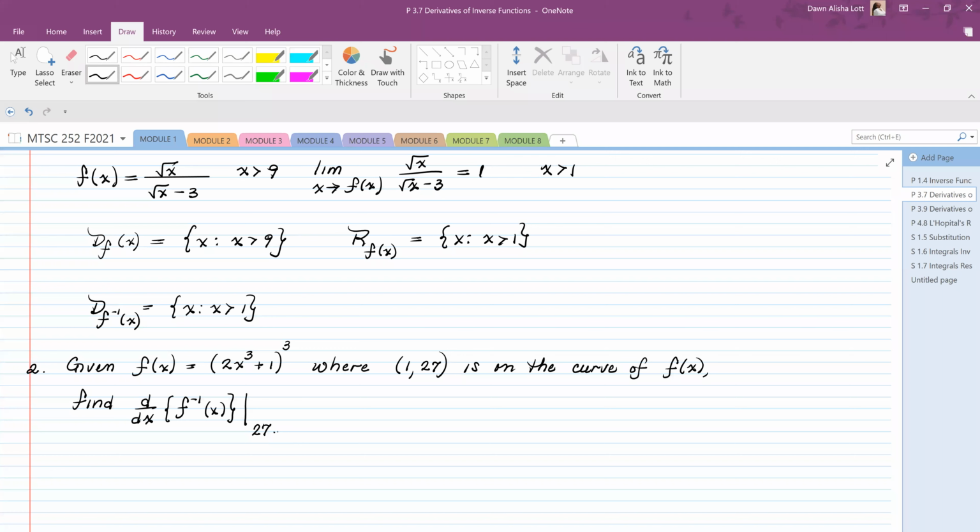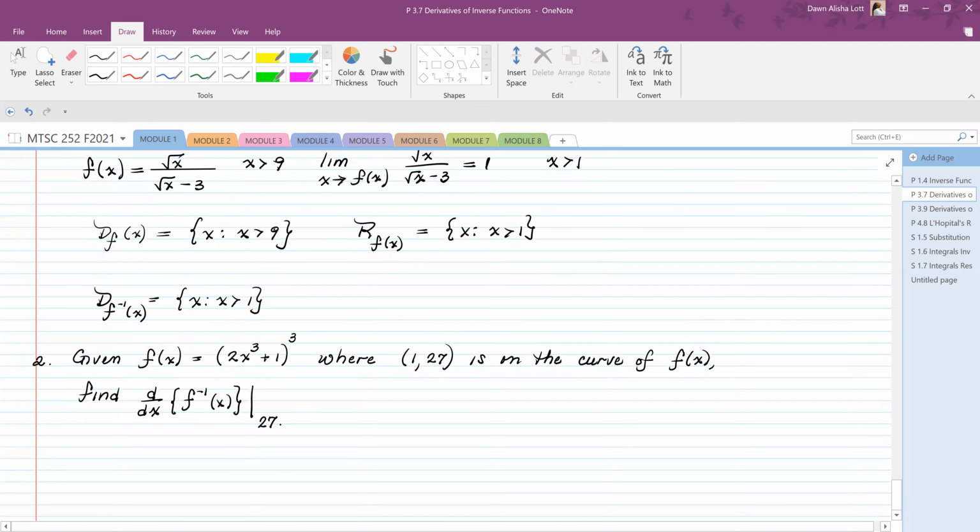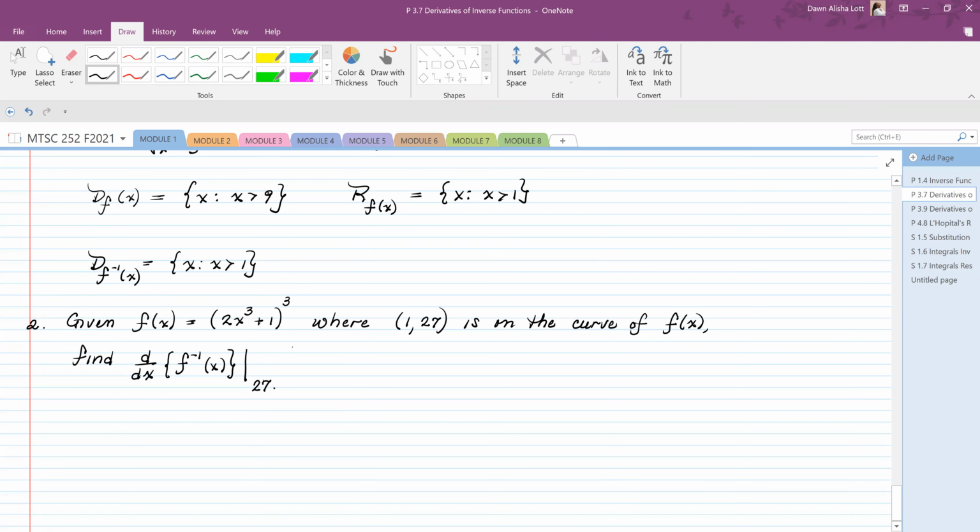But suppose I can't find the inverse of f of x. I want you to do it. So let me add something to the problem. Find that without computing f inverse.